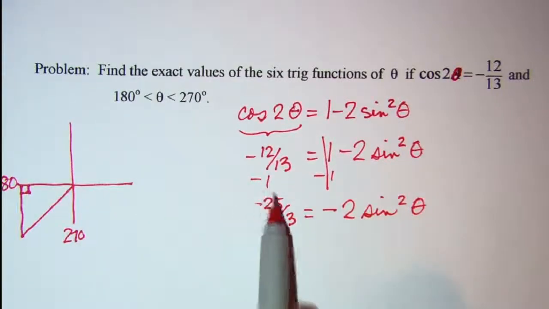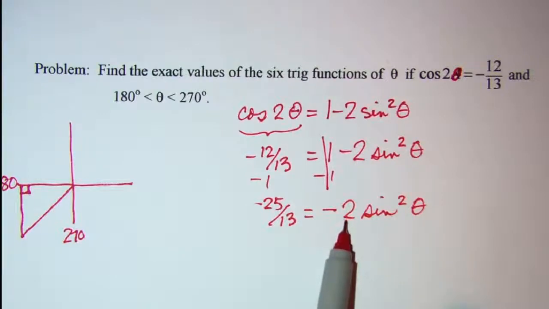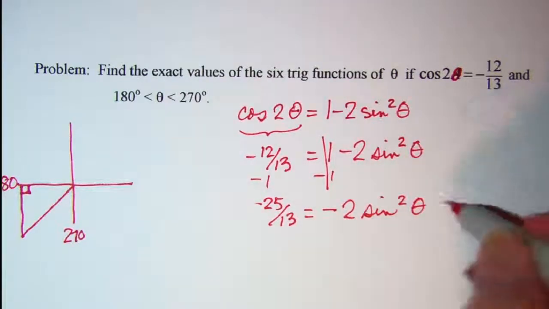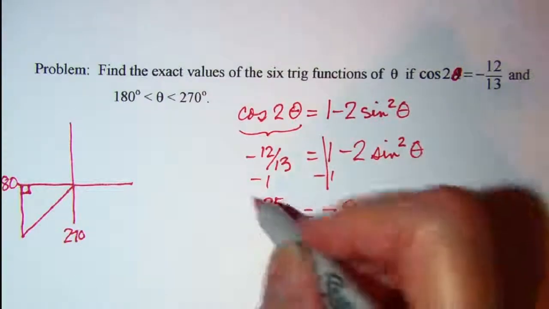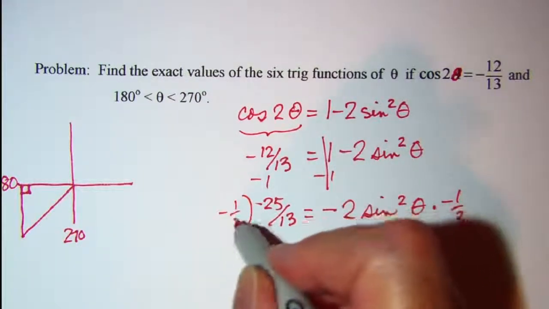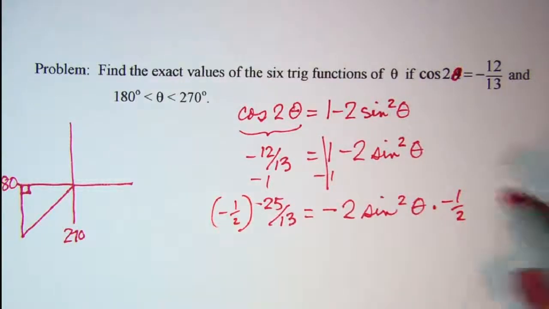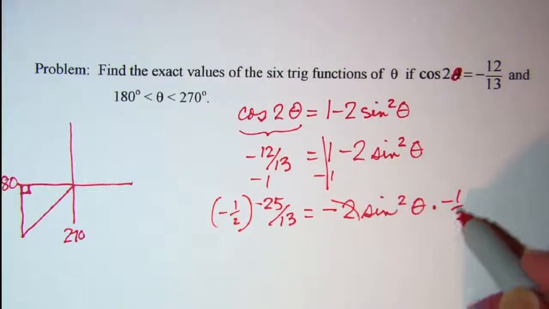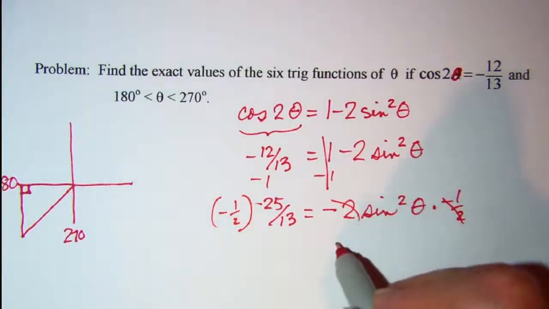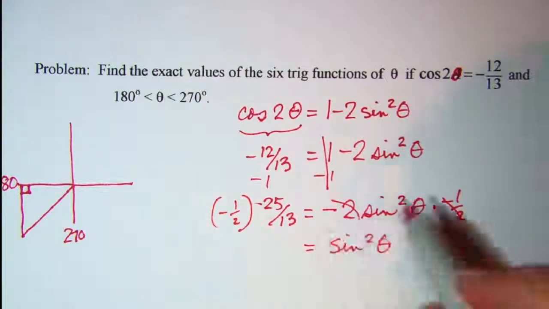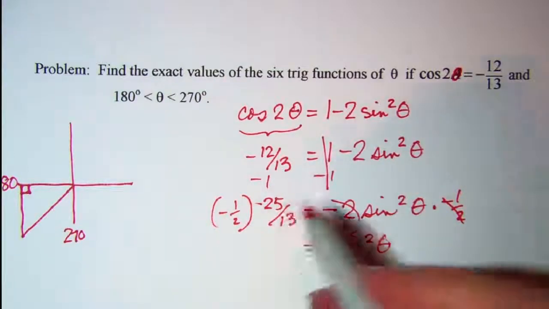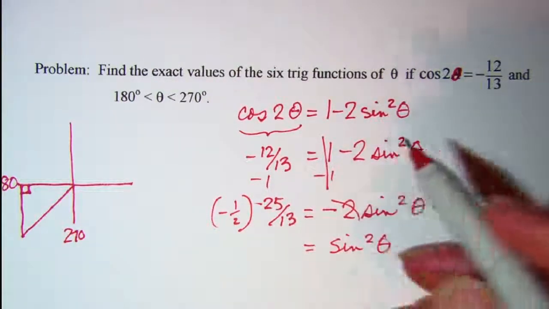Now, since I have a fraction over here, instead of dividing by negative 2, I'm going to multiply both sides by negative 1/2. So this will cancel with this, and I have sine squared theta on the right, and this is a positive 25 over 26.